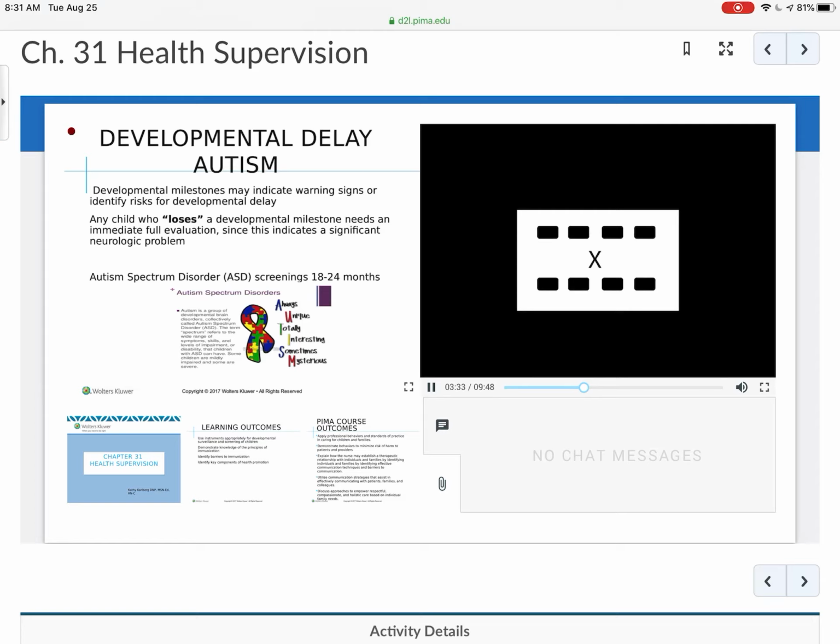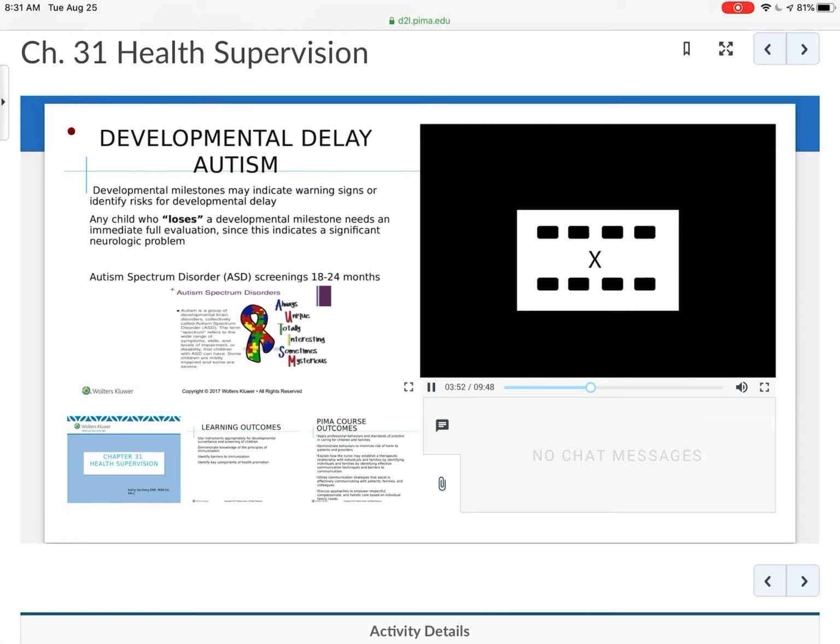The American Academy of Pediatrics recommends that there are developmental delay checks as well as autism screenings. So when they haven't met the milestones, that can be a warning sign that there's something wrong.